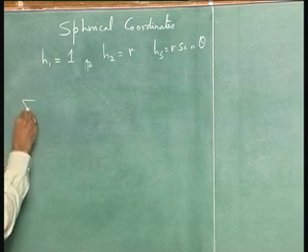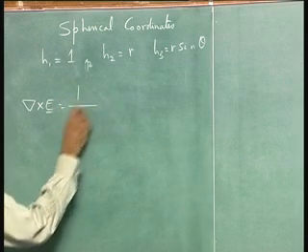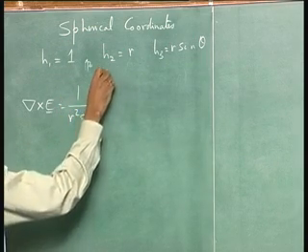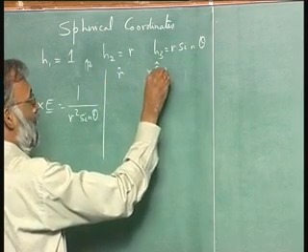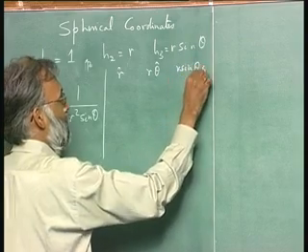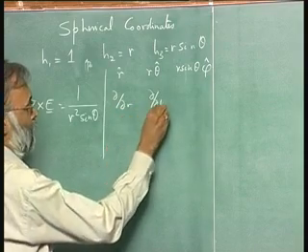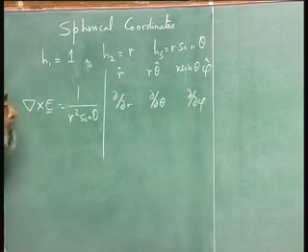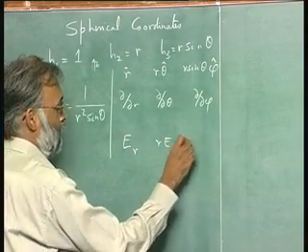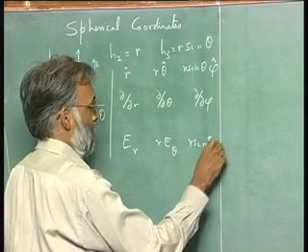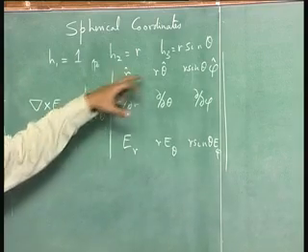So, curl of E becomes 1 over h1 h2 h3, which is 1 over r squared sin theta, determinant of r hat, r theta hat, r sin theta phi hat, del del r, del del theta, del del phi, E r, r E theta, r sin theta E phi. I have just substituted for h1, h2 and h3.